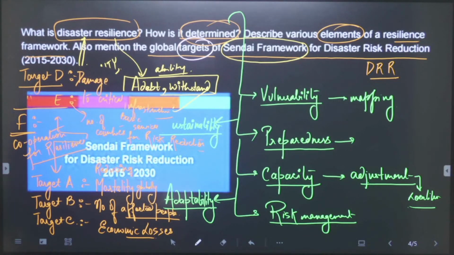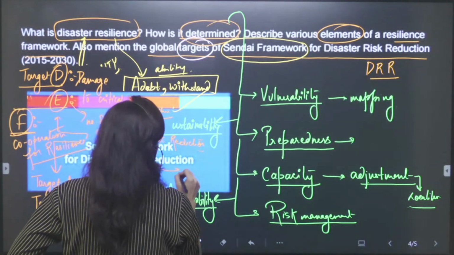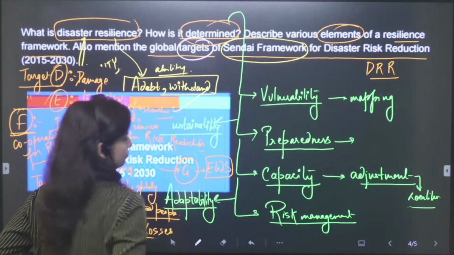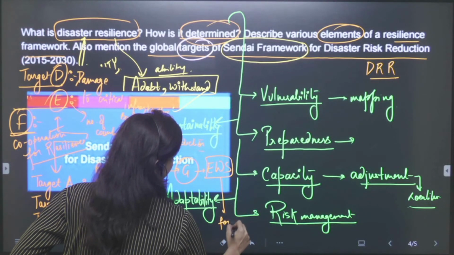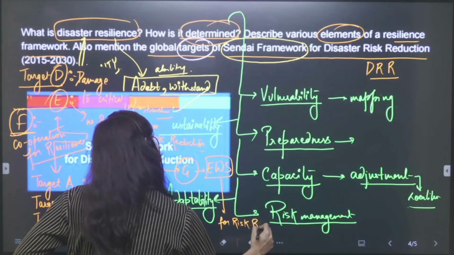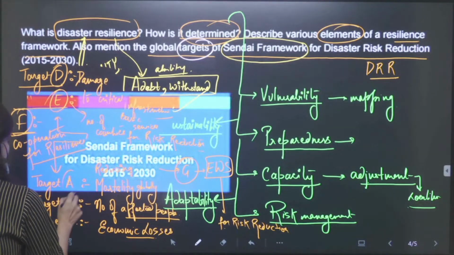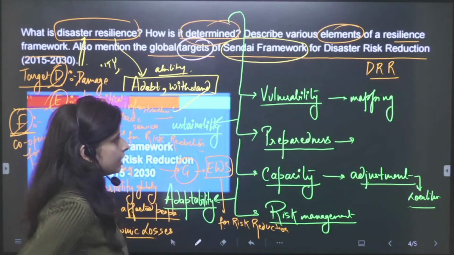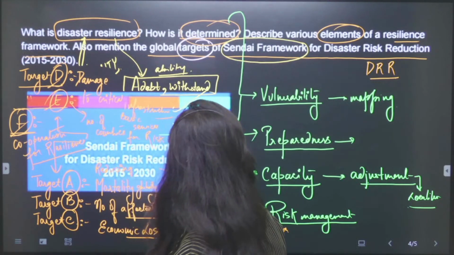And finally we have the last target, G, which is talking about EWS, that is early warning systems for risk reduction. Fine. So we have A, B, C, D, E, F, G. This was the Sendai Framework that was dealing with disaster risk reduction.